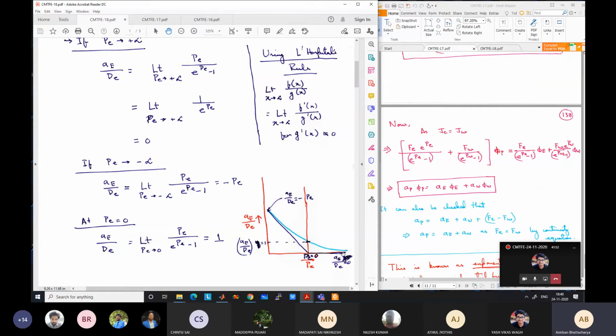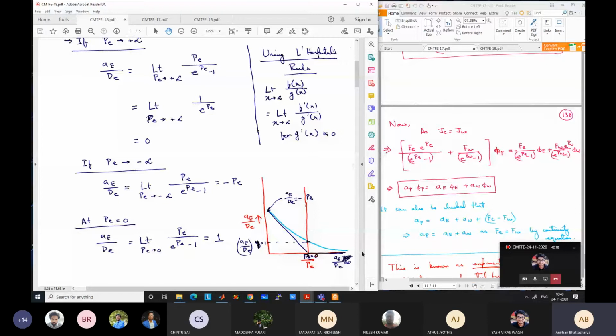So this light blue color line will go asymptotically towards the value of 0 when p increases very much. And at p equal to 0, the value at this point is 1. So the curve goes like this, goes through this point of value 1 and goes towards 0.